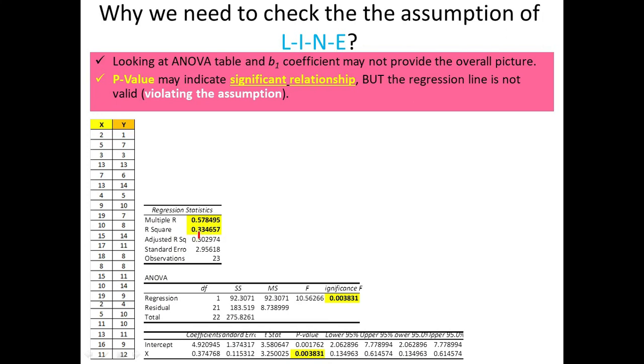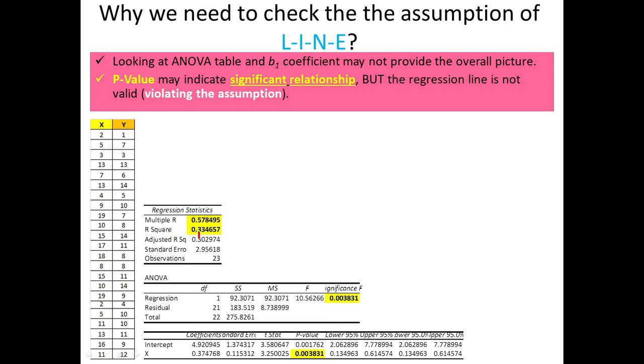We may say initially that there is a moderate relationship between X and Y at a significance level of 0.05. But wait, we cannot come to that conclusion yet.